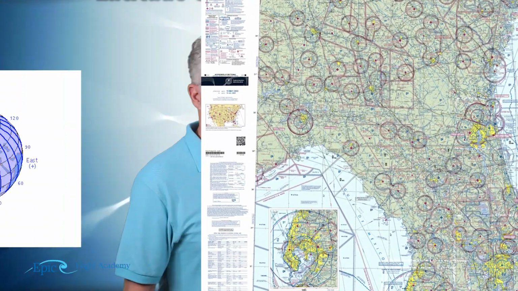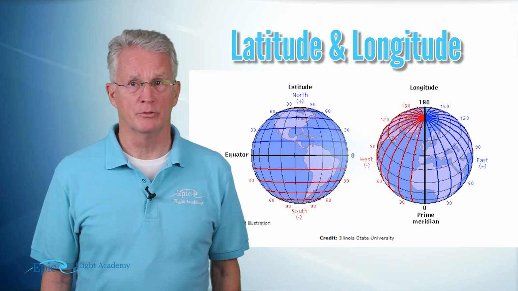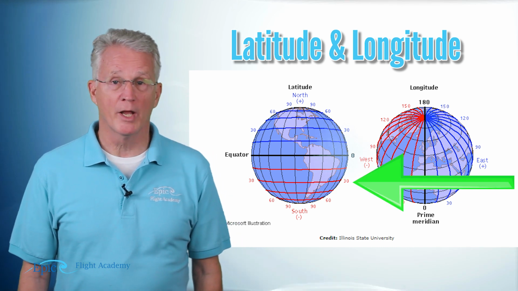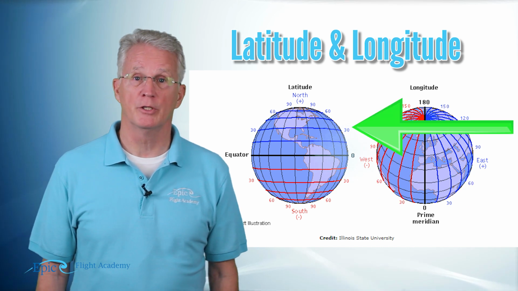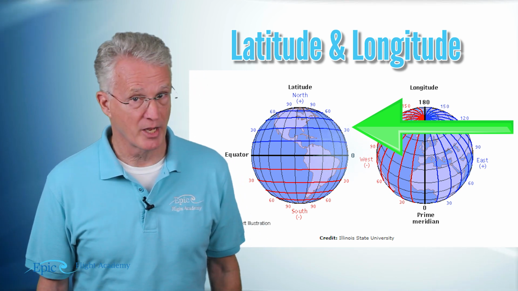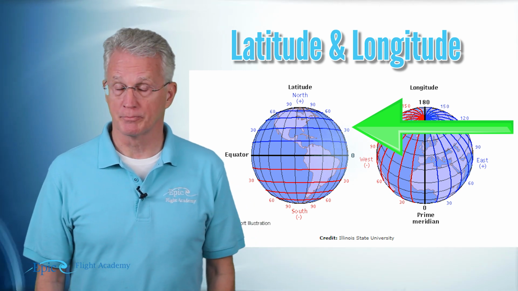The first lines I want you to look at with your flight instructor are the lines of latitude and longitude. Here we see latitude shown on your left and longitude shown on your right. Latitude is shown in red in the southern hemisphere and blue in the northern hemisphere. Now, this is just in our example, not on the actual charts.